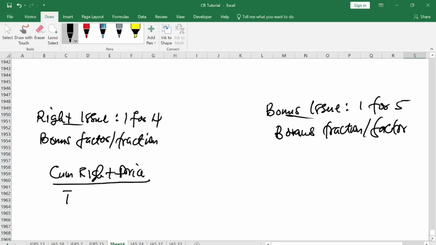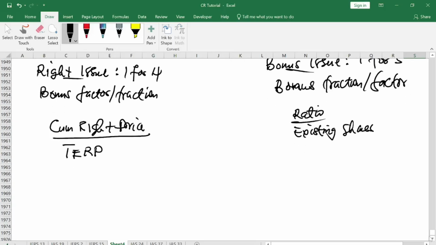In short, TERP, theoretical ex-rights price. Then when we come to the bonus factor, it is the ratio over the existing shares. Right. So this is how we find the bonus factor and fractions. So when we come to the bonus factor, that one is simple.